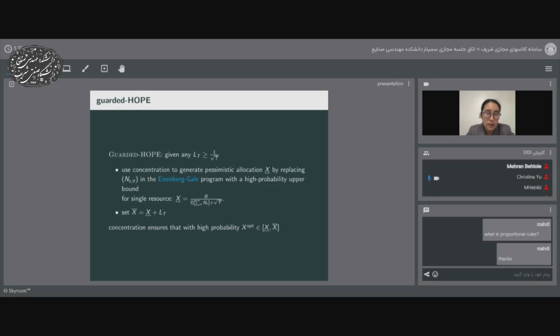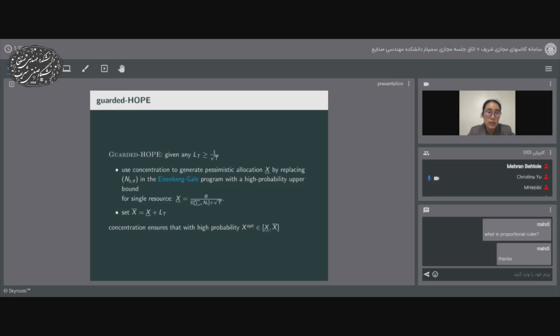if we knew the demand of people that are arriving, we would just plug it in the Eisenberg-Gale program and solve for optimal. But because we don't know the number of people arriving, we're going to plug in an approximation for it. But we want a conservative approximation, meaning that we're going to plug in an upper bound on this number of people that arrive.